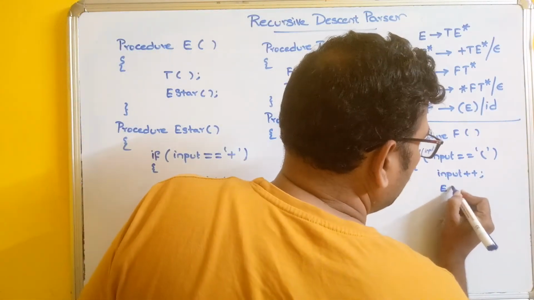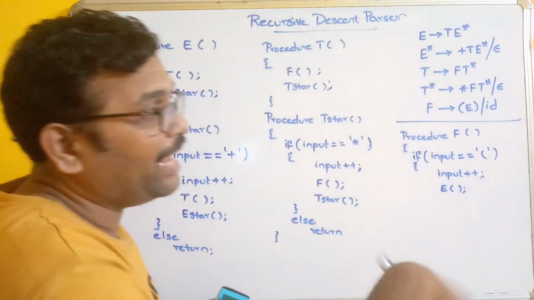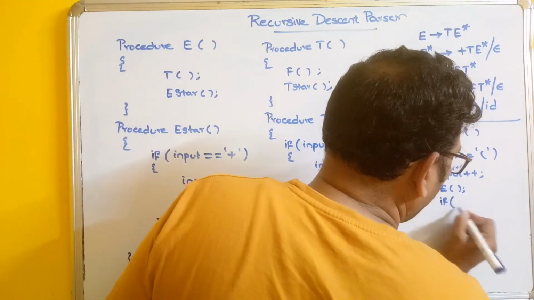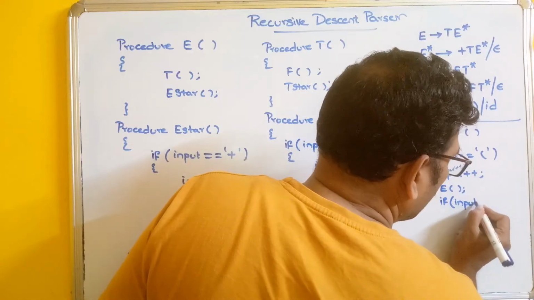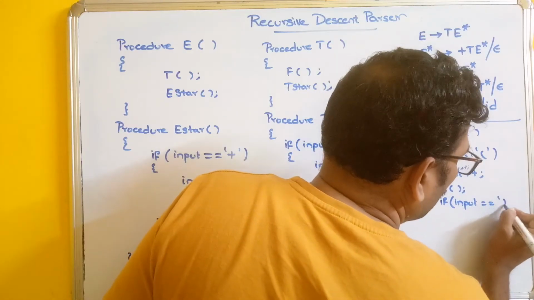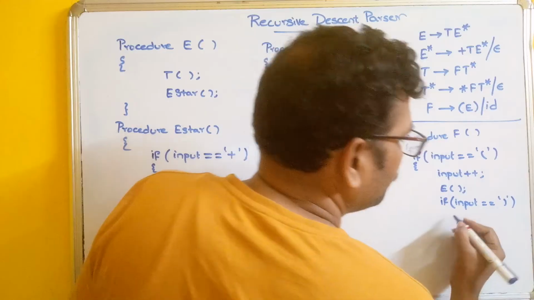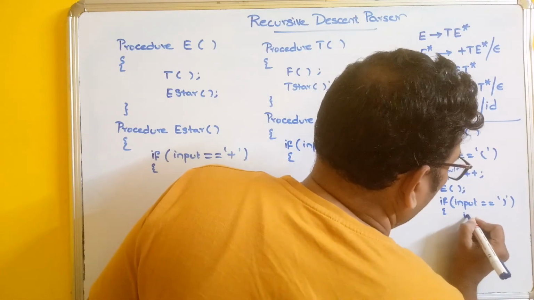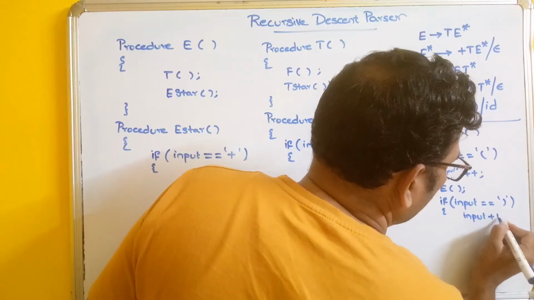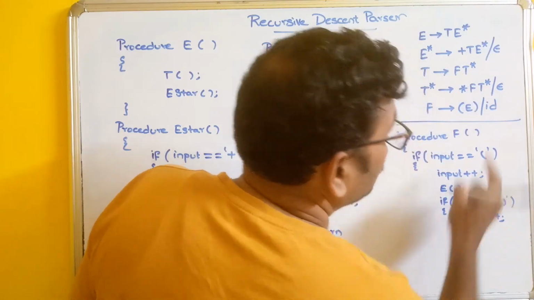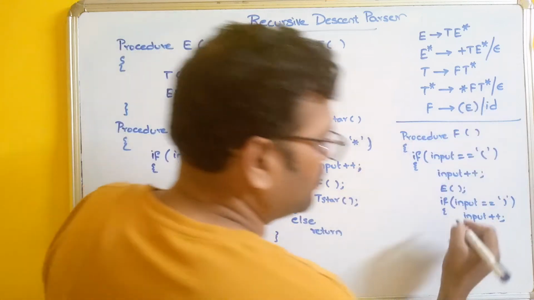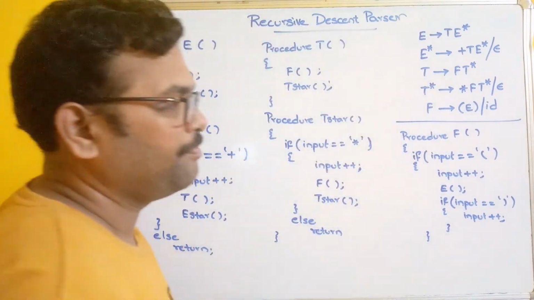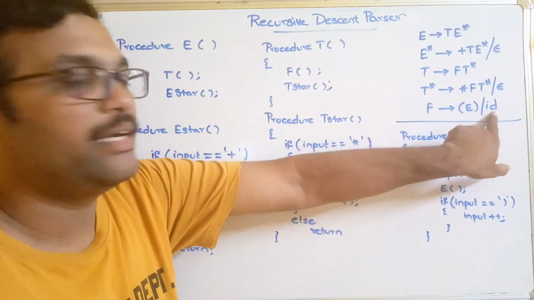Okay. Then again there is a non-terminal. So call the procedure. And again we are having one more terminal. So again write if input is equal to right parenthesis, simply input plus plus. Okay, so the production ends here, so you can end it, and here also you can end it. Okay, and once again there is a terminal.